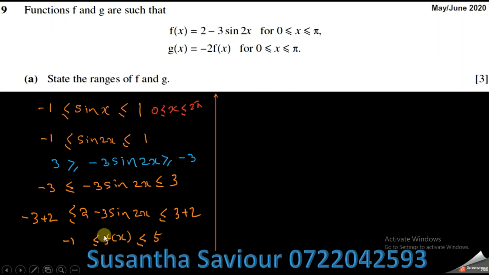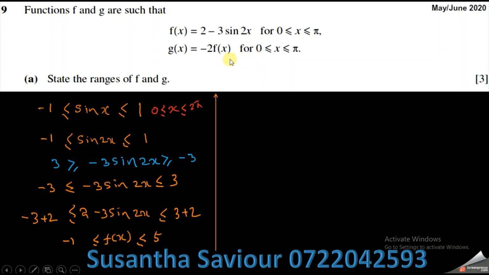So the range of f is minus 1 to 5. If you write down this line here as the answer, that is more than enough. What I did here was show you how you get this answer.